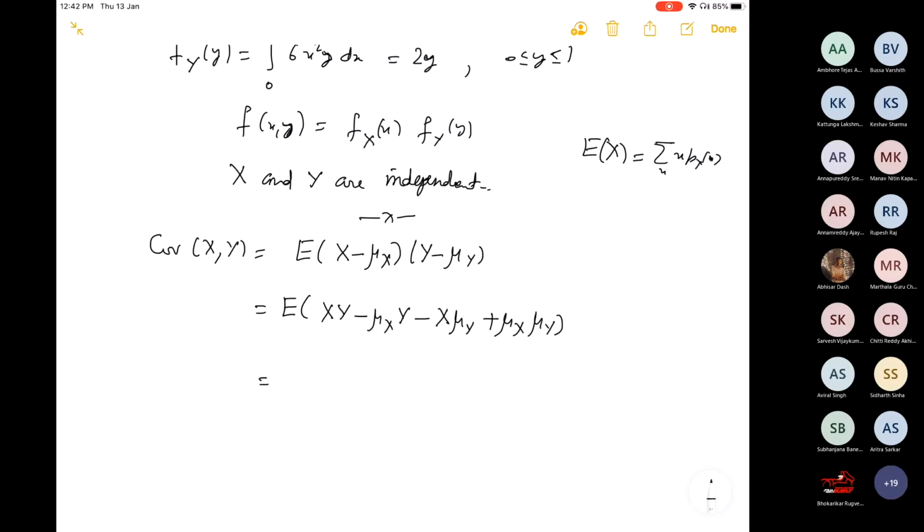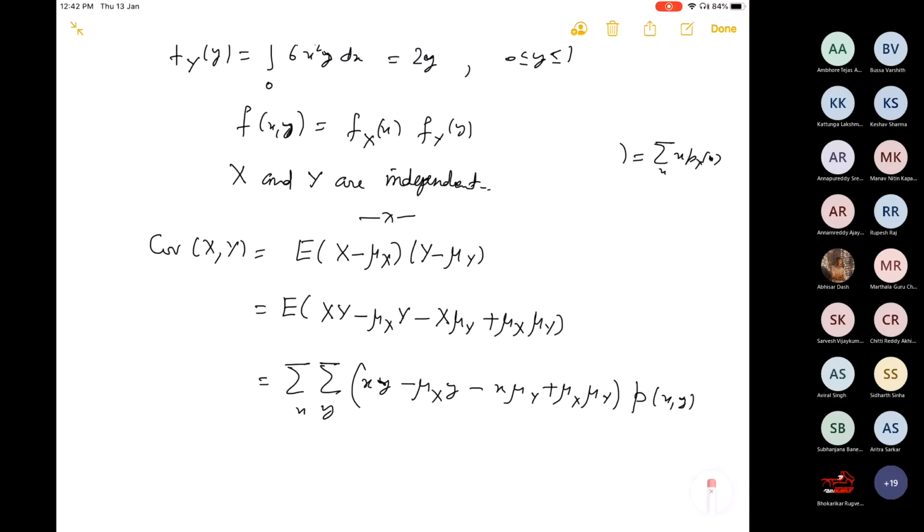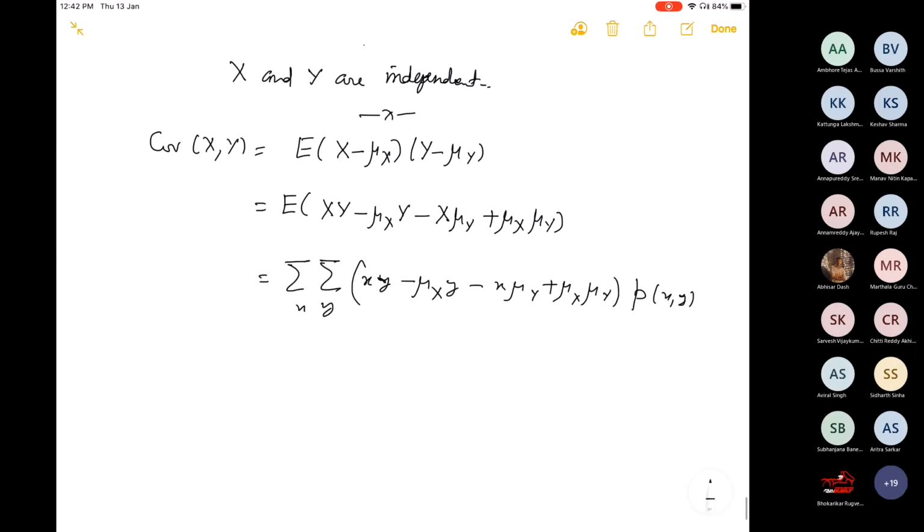But here two random variables, x and y, are there, therefore we need the joint of x comma y. Let me take the discrete case; the continuous case goes the same way, instead of summation integration will come.